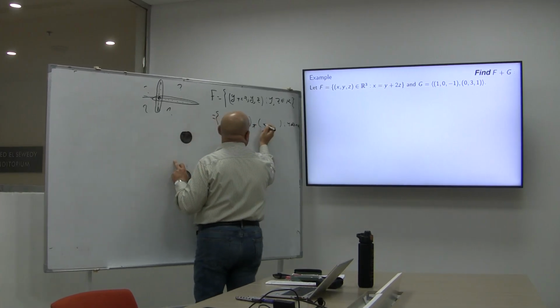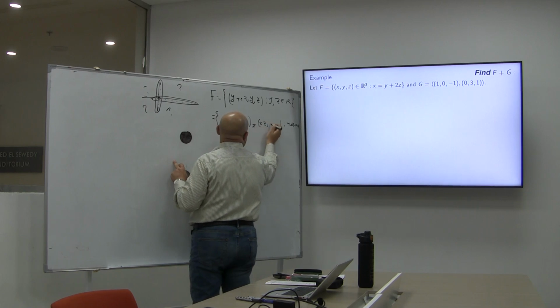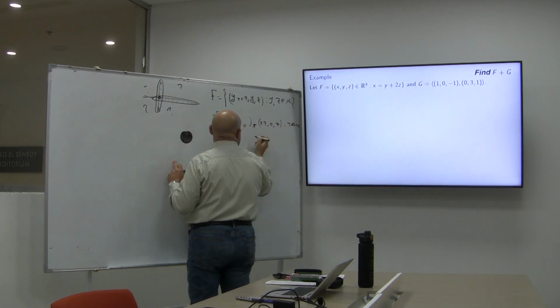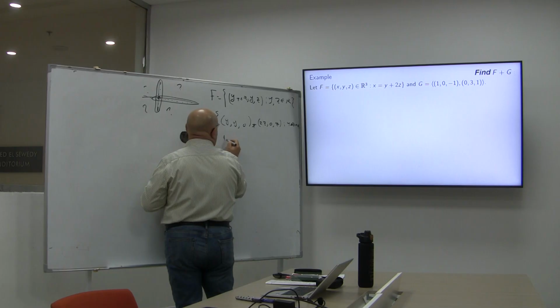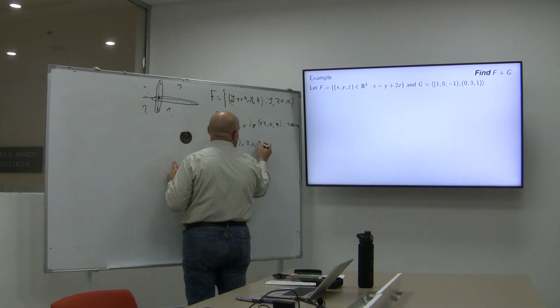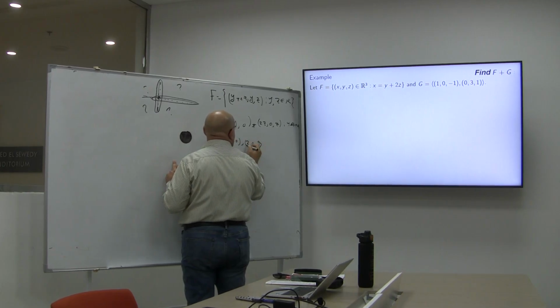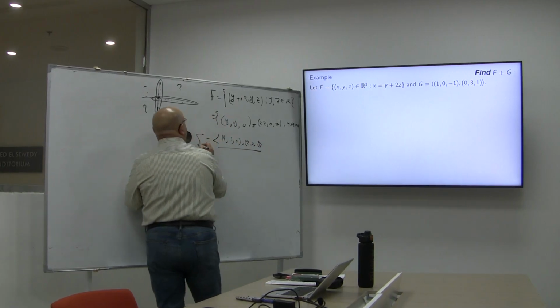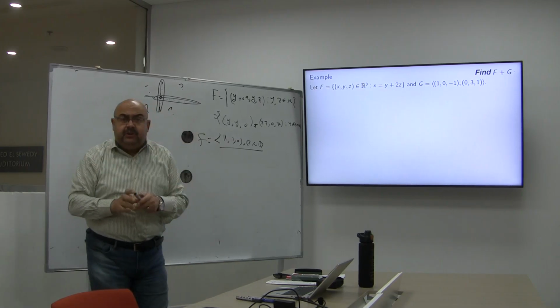The second is going to be 2z, then 0, plus z. So you will have (1,1,0) for one set and (2,0,1) for the other, forming the span, or the subvector space, of F.